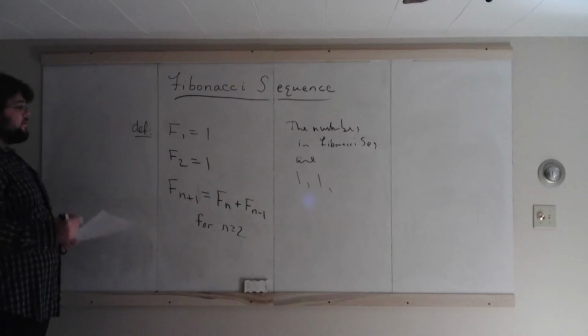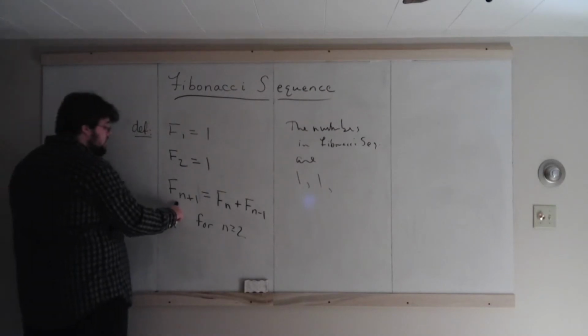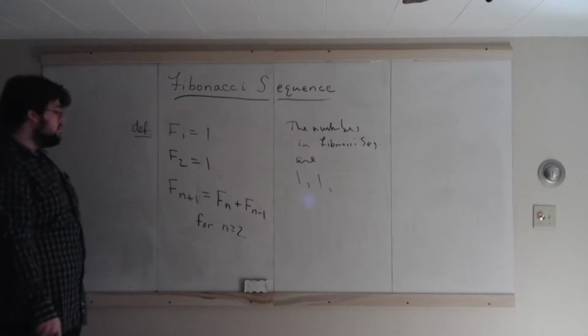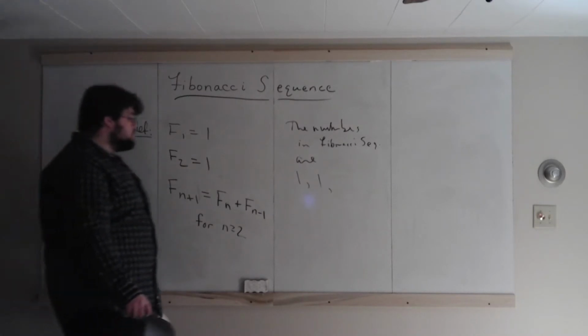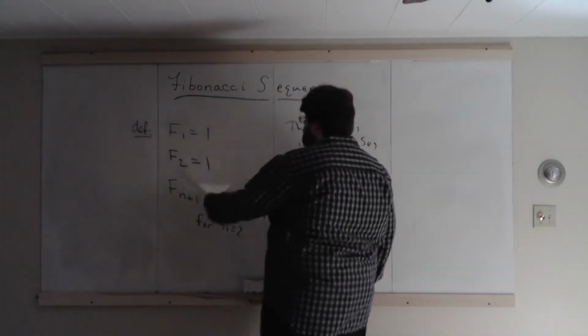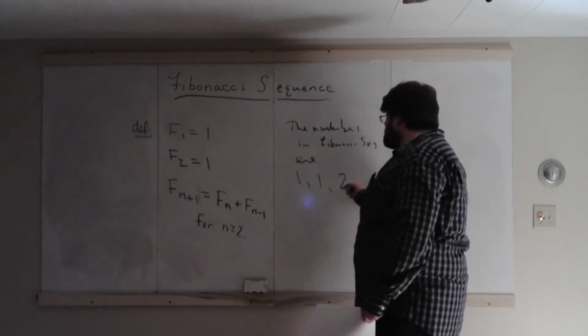So what's F3? Well, F3 equals F2 plus F1. Let n equal 2 down here. F2 is 1, F1 is 1, so that's 1 plus 1, which is 2.